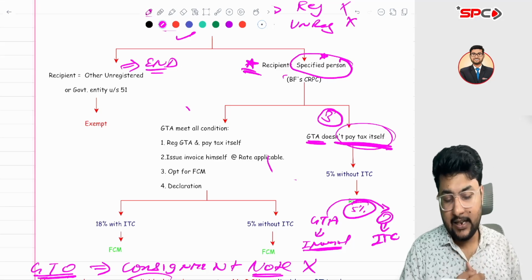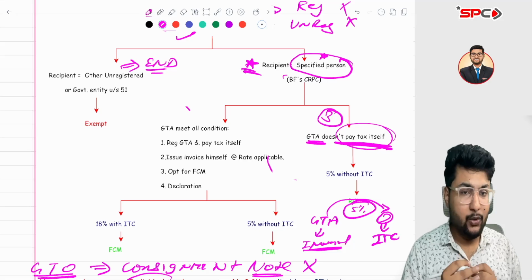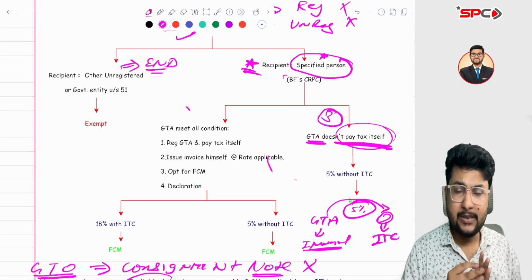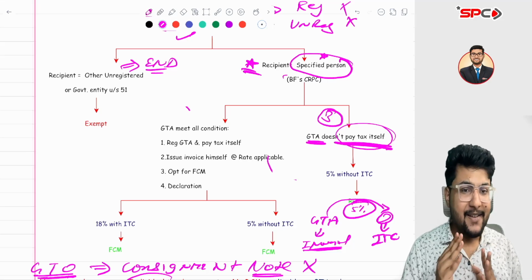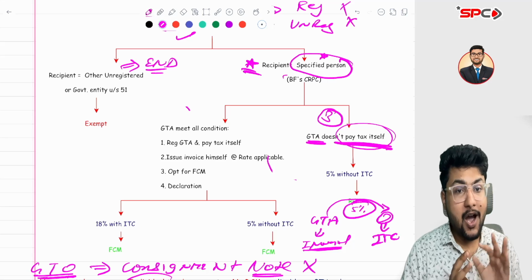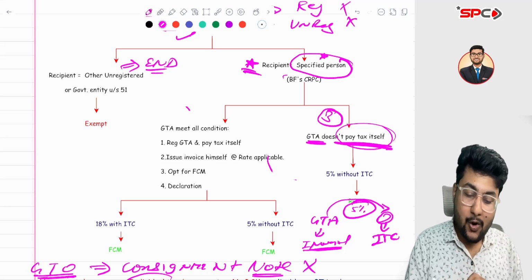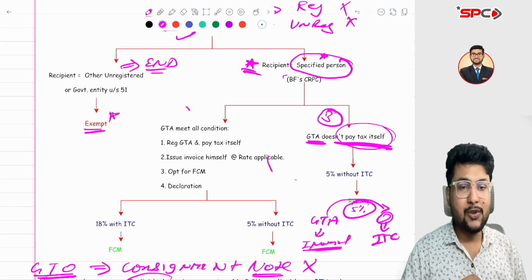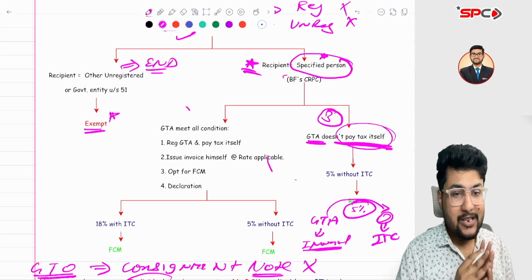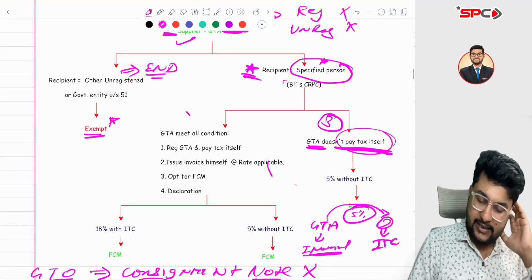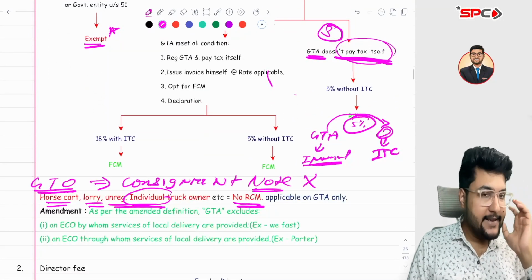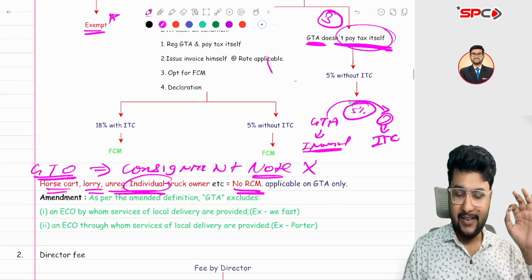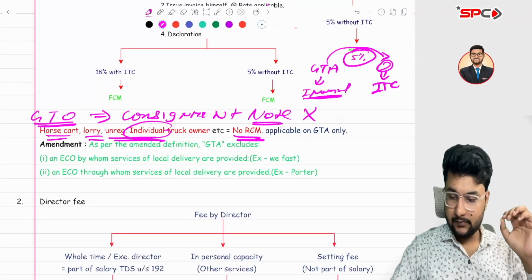If GTA is giving service to an entity that is only registered for TDS purposes, then it is also exempt. And in case they are supplying to an unregistered casual taxable person, that is also exempt. Why? Sir, they are not covered under BFCRPC. Was it clear to you? Yes, sir. It is very clear. Just a minute.